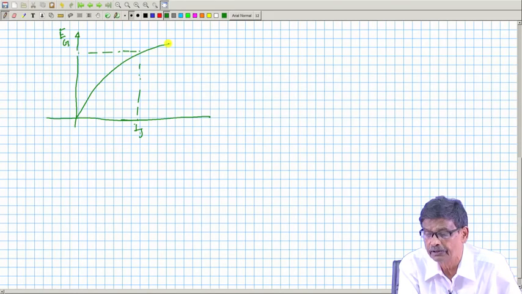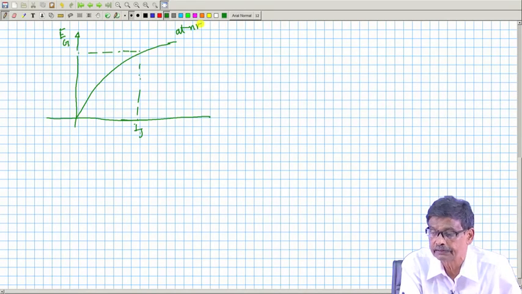And whenever you draw an OCC, you must specify at what RPM, at n RPS.